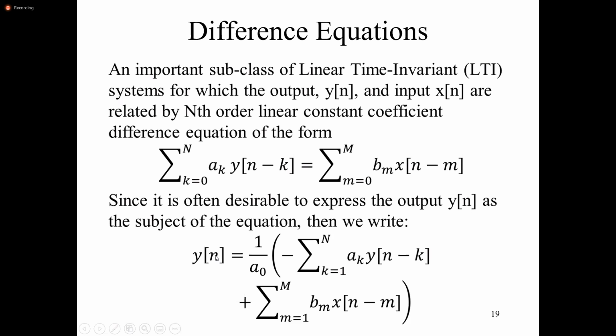where our output y of n, as I said, if this term here when n is equal to 0, we have a of 0, so we have 1 over a 0, and then having brought all these terms over to the right, we can put them inside a bracket, because when we divide through this by a of 0, we also have to divide through that by a of 0.